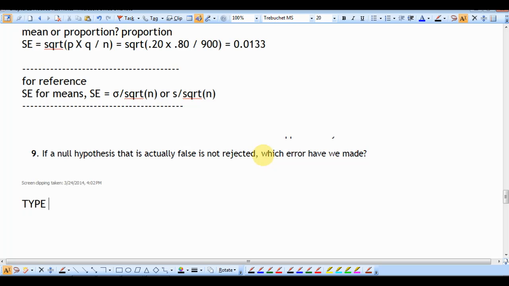Type 2 error is failing to reject a wrong null hypothesis.